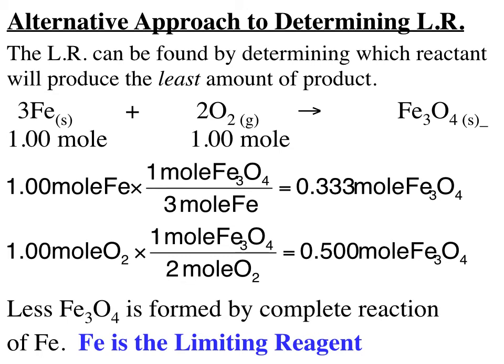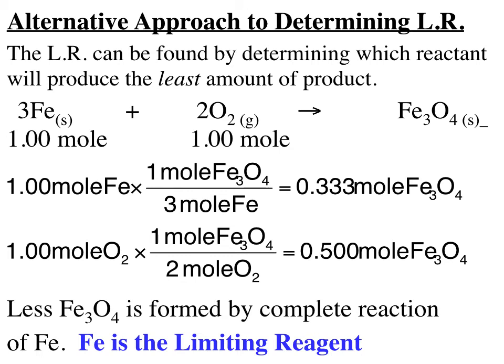Now let's see how much Fe3O4 can be formed if I use all of the O2. The stoichiometry between O2 and Fe3O4 is a 1:2 ratio. So I line that up as a stoichiometric conversion factor to eliminate the moles of O2 and convert all those moles of O2 into product Fe3O4. Now I will use the 1:2 ratio to compare the O2 to the Fe3O4.